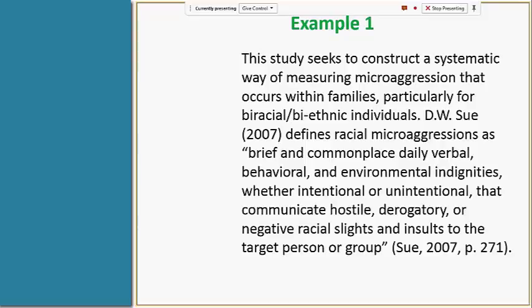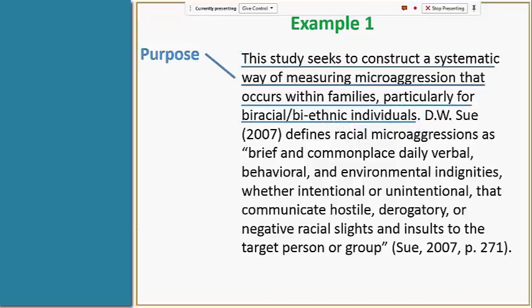So first, right away they state their purpose, and I see this really frequently in proposals. There's nothing before it. They just say right away what they're going to do and what their aim is. This study seeks to construct a systematic way of measuring microaggression that occurs within families, particularly for biracial, bi-ethnic individuals.